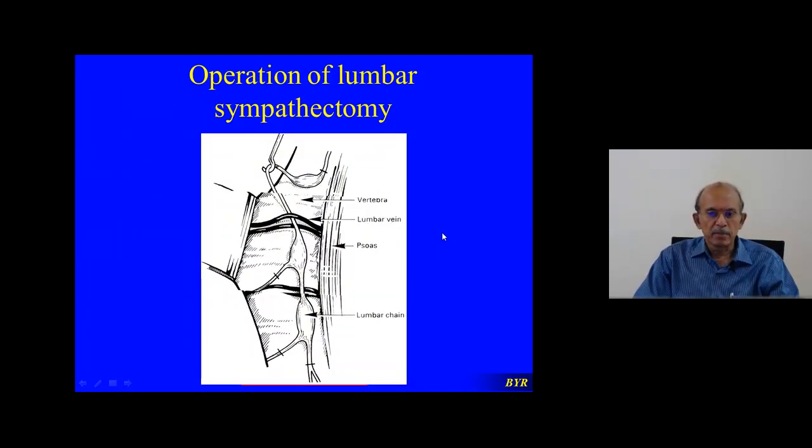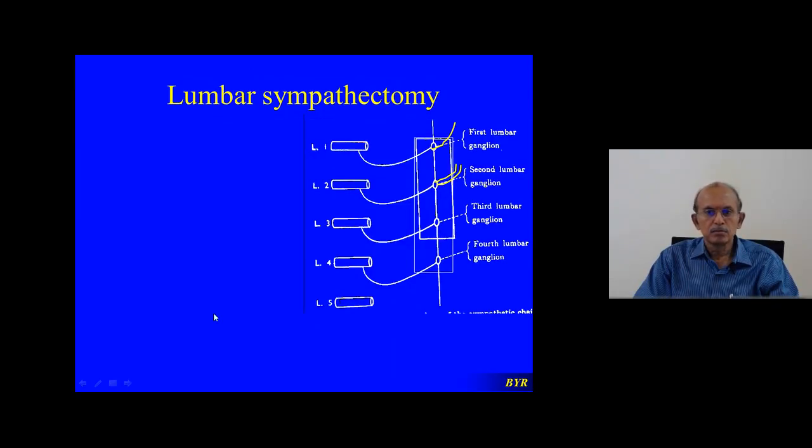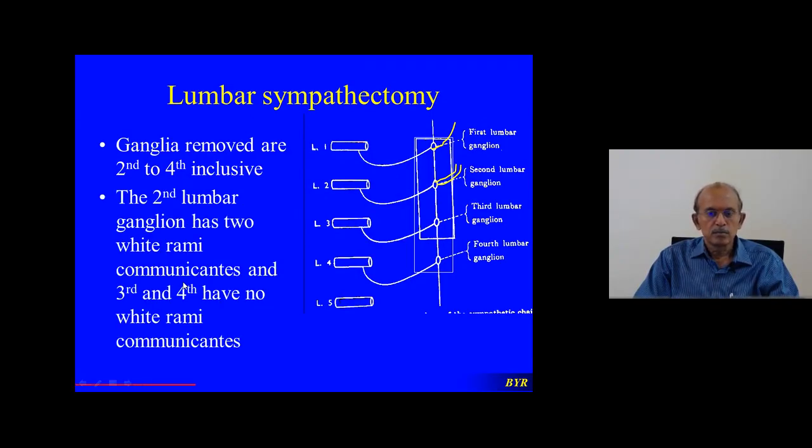Then lumbar sympathectomy. Ganglia removed are second to fourth inclusive. The second lumbar ganglion has two white rami communicantes, and third and fourth have no white rami communicantes. Already I told you about white rami communicantes.